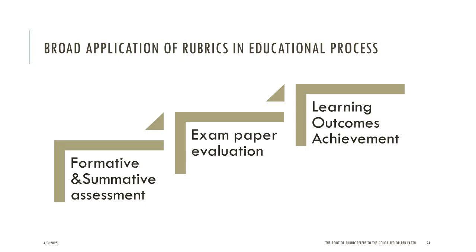And at the end, we can use them for learning outcomes achievement. How the learning outcomes are achieved by the end of the course, by putting certain criteria for evaluation for each learning outcome. We need to have this and that from different topics. We can put general evaluation criteria using the rubrics, so that we can know if our students have achieved the outcomes.